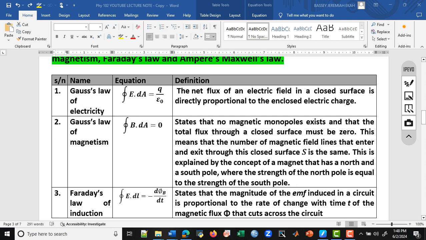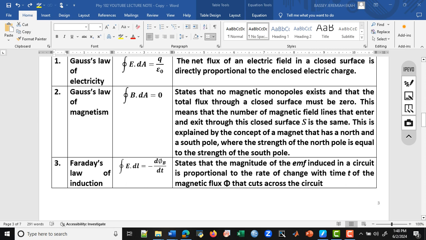Let's go down to Gauss' law of magnetism. The law states that no magnetic monopole exists and that the total flux through a closed surface must be zero.